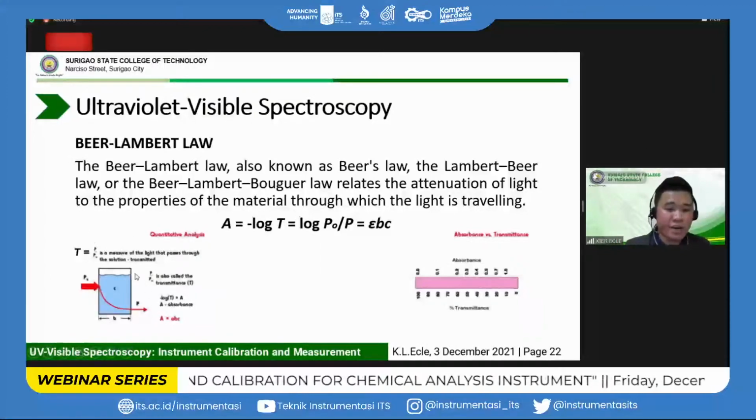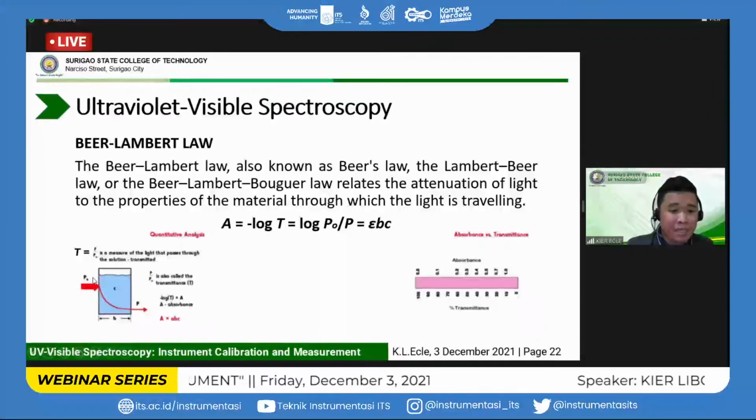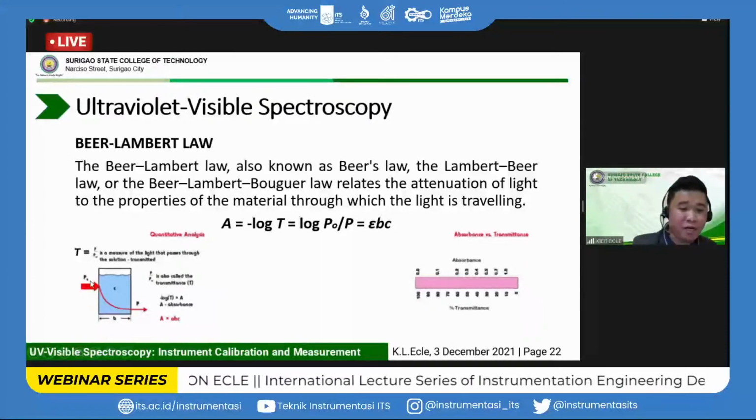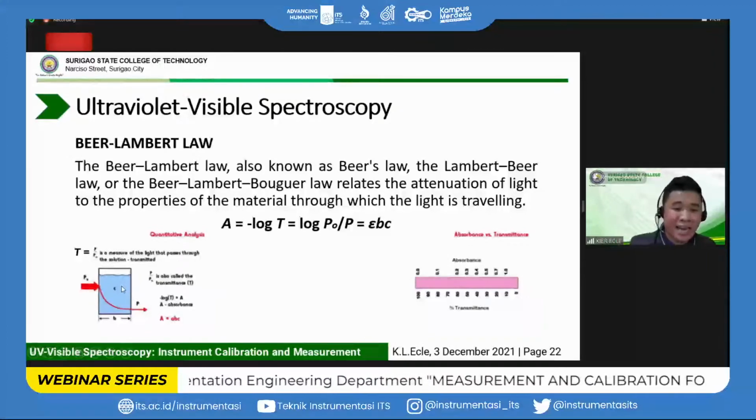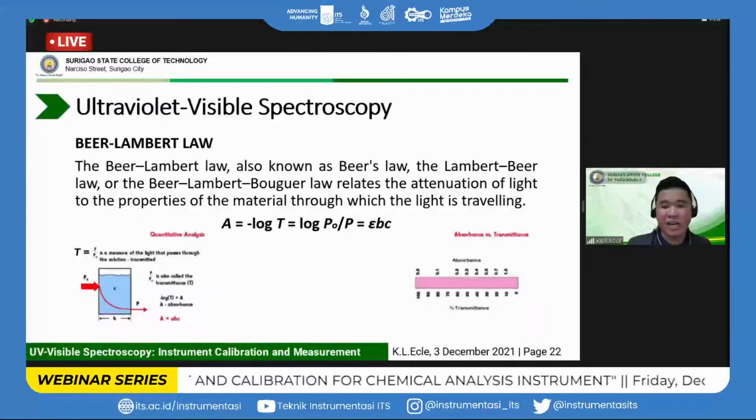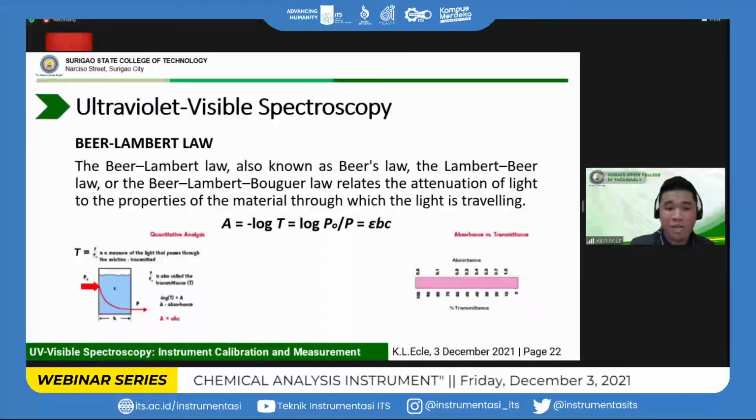As you can see in this illustration, we can really prove that as the incident radiant power passes through the sample, the transmitted radiant power decreases.